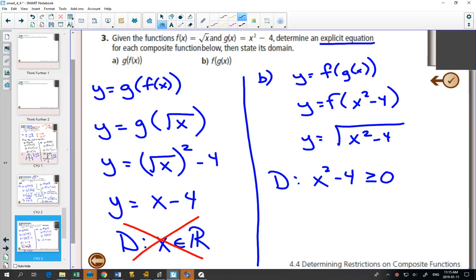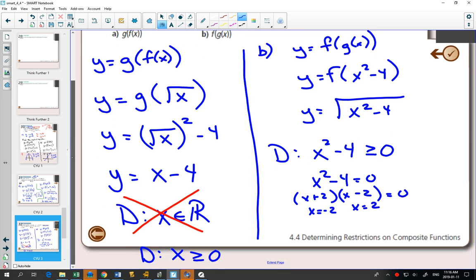When is x squared minus 4 bigger than or equal to 0? Well, if you made it equal to 0 and solved, x plus 2, x minus 2, you would find out it's equal to 0 at 2 and negative 2.